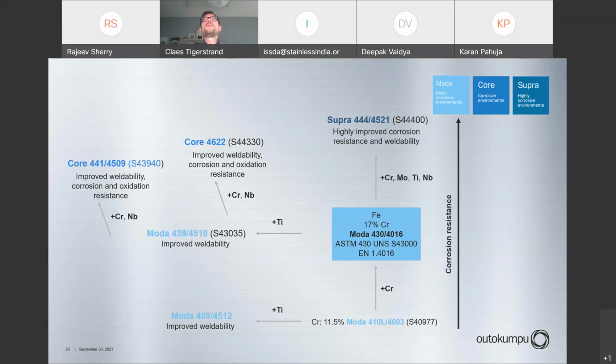So with a supra 444, you will reach a corrosion resistance similar to that of a type 316 austenitic grade. So you have a good range here among the ferritic grades, whereas the big volumes are more in the Moda range, and the most common one is the type 430 grade.